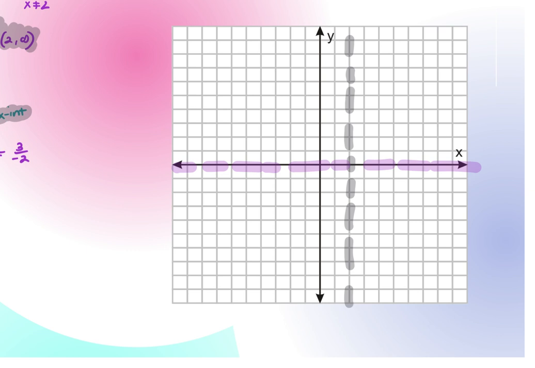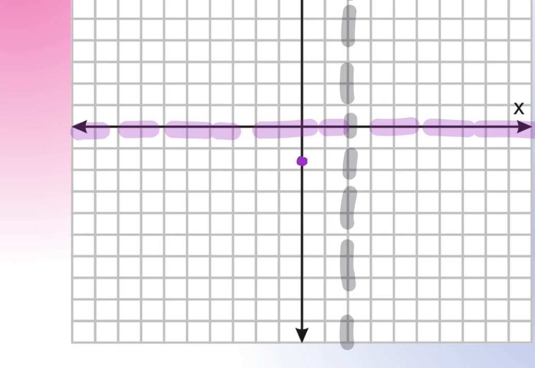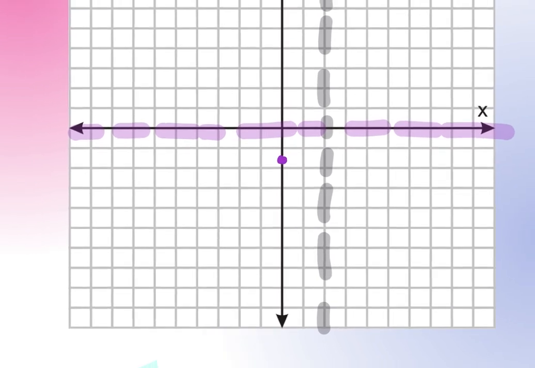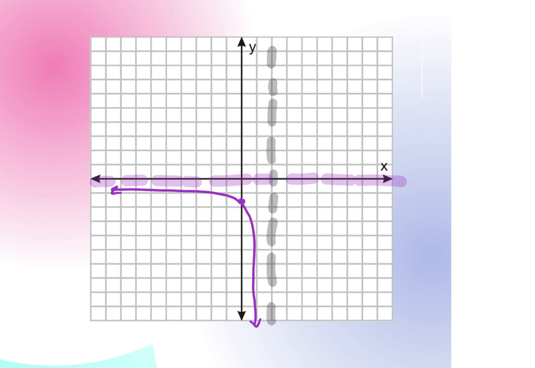There are no x-intercepts, and my y-intercept is at (0, -1.5), so it's down here. Just that alone tells me my graph is going to pass through here. And then if it's an x squared in your original equation, they can be side by side, but if it's not, they are typically in opposite corners like this.